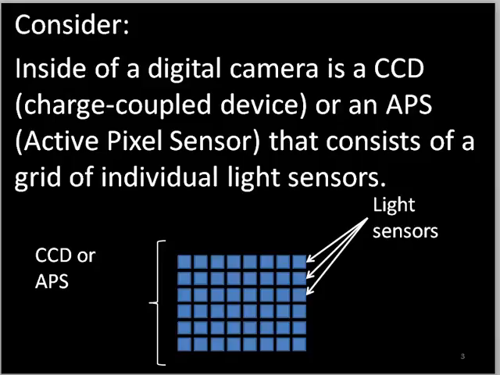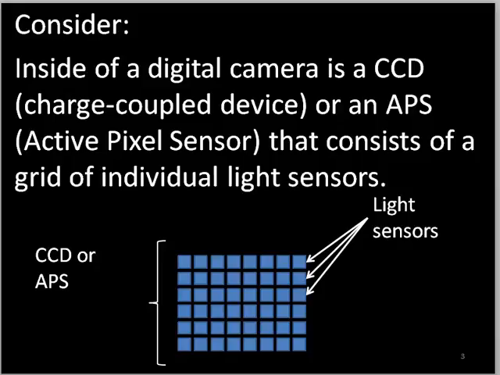Inside of a camera is a sensor. There's several different kinds of sensors that you can have in different kinds of cameras. One possibility is a sensor called a CCD, which stands for Charge Coupled Device, or you might have an APS, which stands for Active Pixel Sensor.